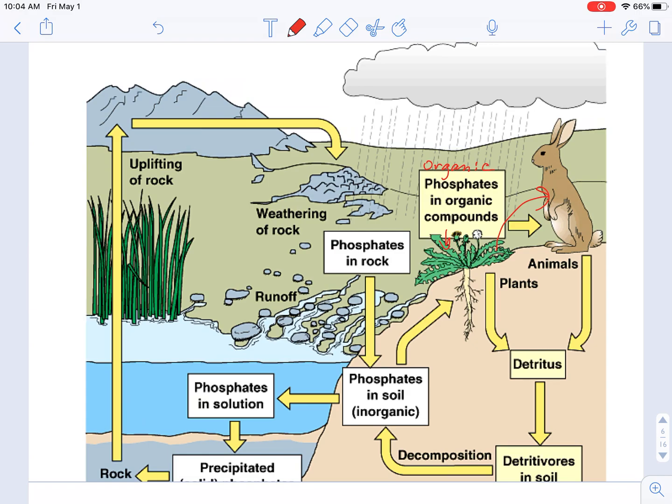So anything in a yellowish box is the organic form. Eventually, through the process of decomposition, we take the organic form and turn it back into the inorganic form of phosphorus, which then you can see we get a nice little cycle going here, bringing that phosphorus from one area to the next.